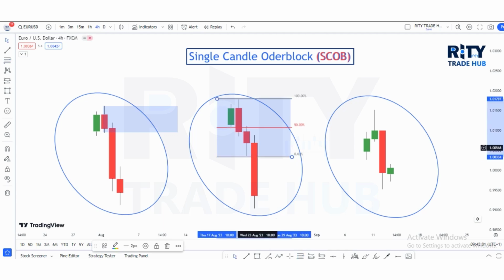So this is our 50% retracement level. So wait for price to mitigate this zone, and then we can sell once price mitigates this zone all the way. Okay, so go ahead and set our stop loss just above the high here. Okay, so if you look at this, you observe that we'll be selling at a better price here, and our risk to reward will be better than in the first scenario where we are selling from here.